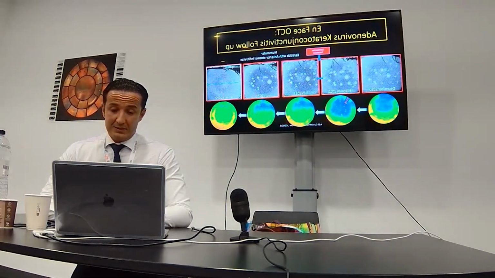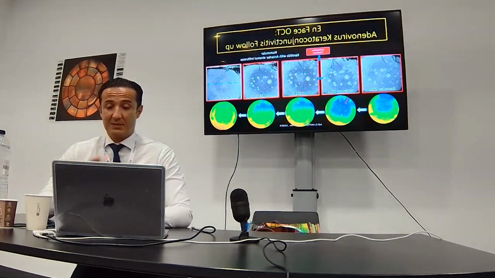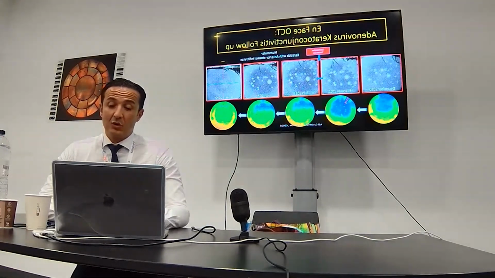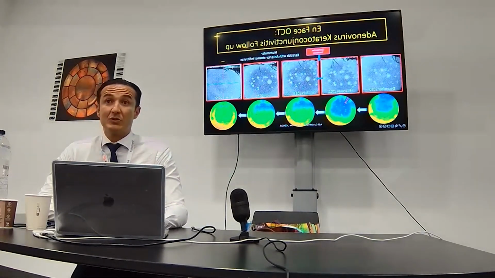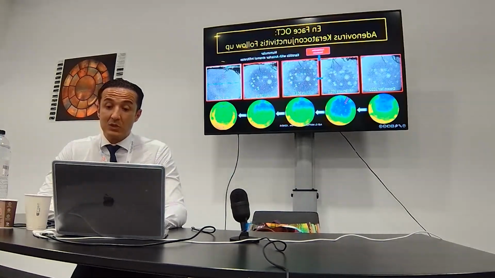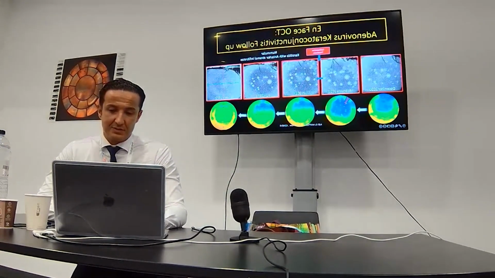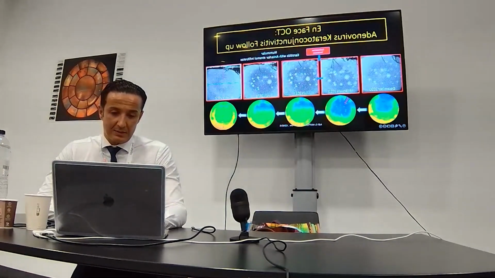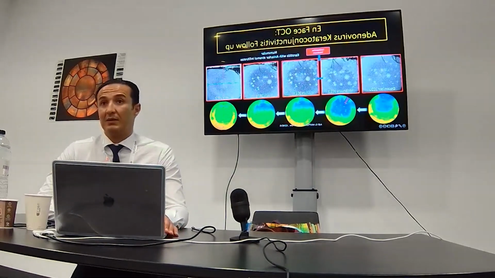We know there is a long resorption for this conjunctivitis, and you observe here, after the cyclosporine treatment, the improvement of the ocular surface and the reduction of the nummular aspect of the lesion until the complete disappearance of the nummular aspect and the complete resorption, complete normalization of epithelium shape.